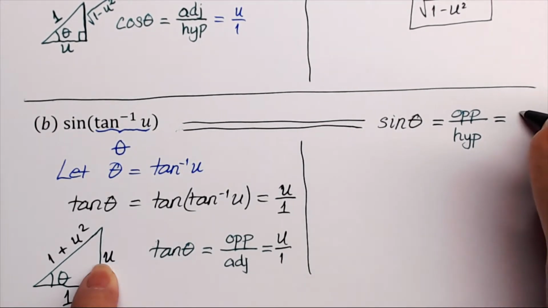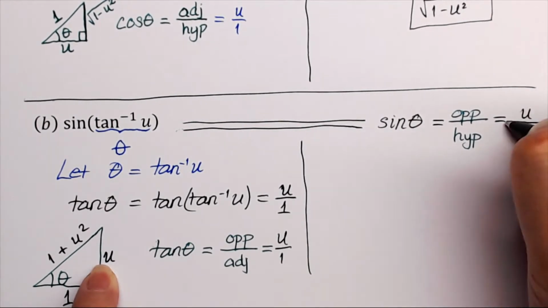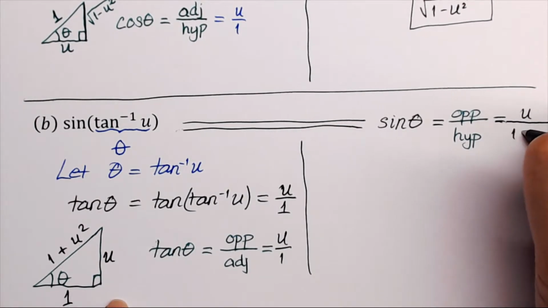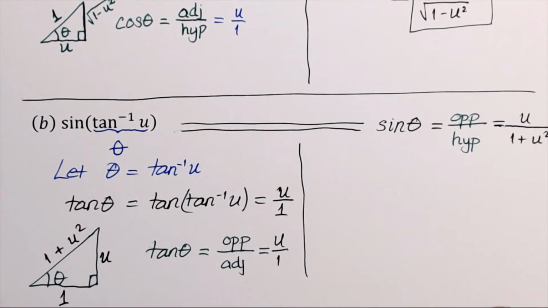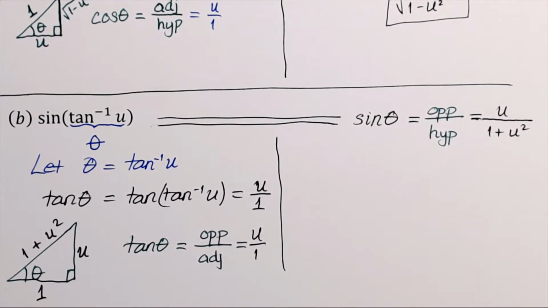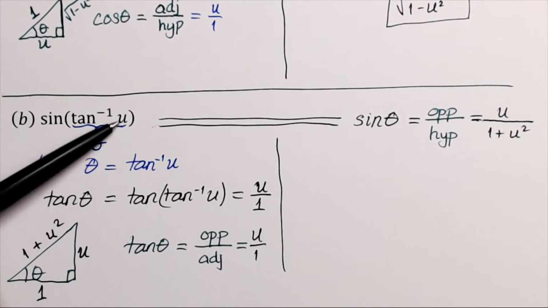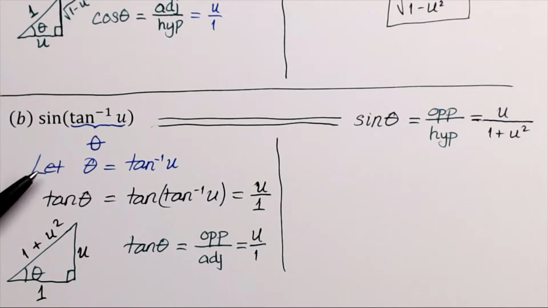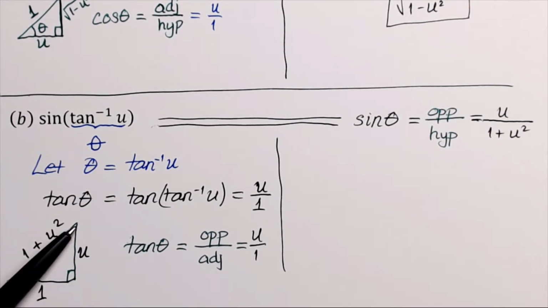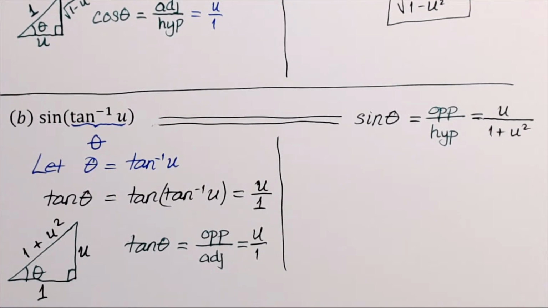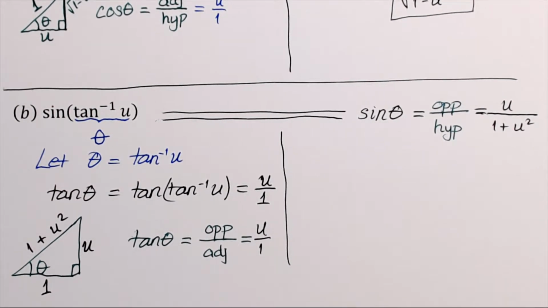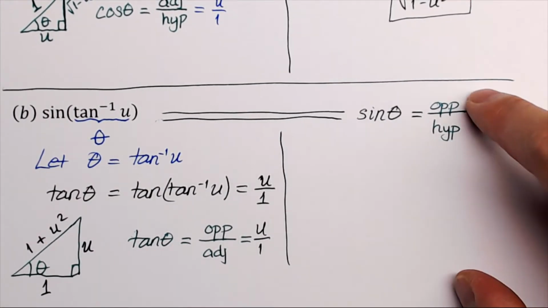So we match u is adjacent, 1 is hypotenuse. So adjacent is going to be u and hypotenuse is 1. From that we can find this length is square root of 1 minus u squared. We usually just check the positive values.